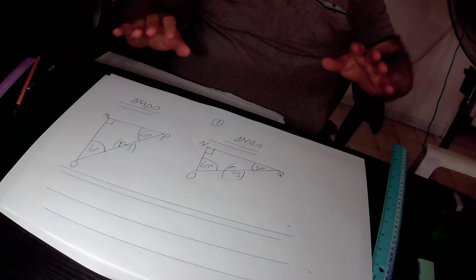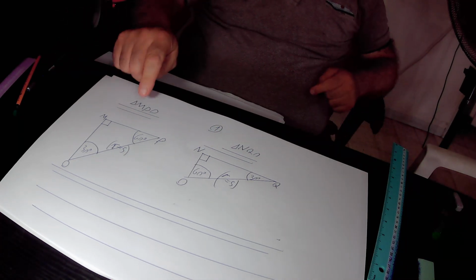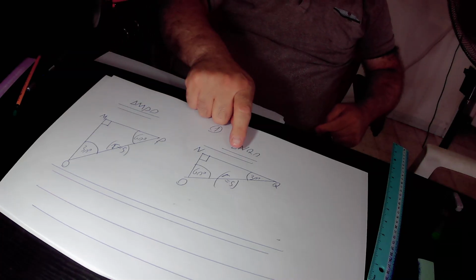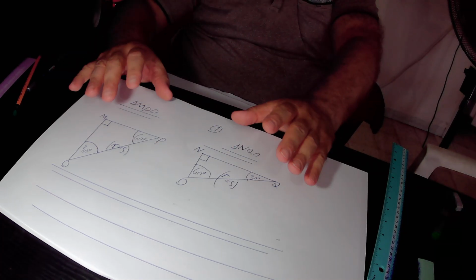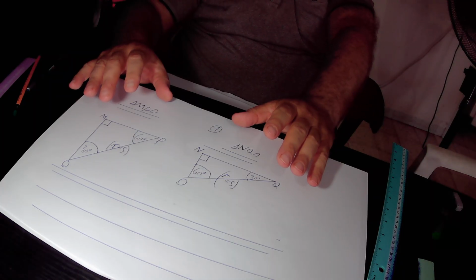So showing those are the two right triangles, MPO and NQO, from the original drawing. So why can those two right triangles coincide?